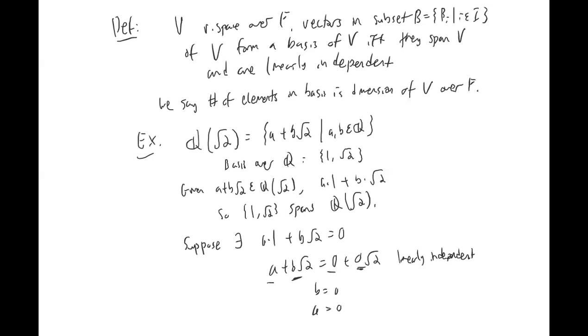Does everyone follow? So we have Q of root 2 is a vector space over Q of dimension 2. Does everyone follow?